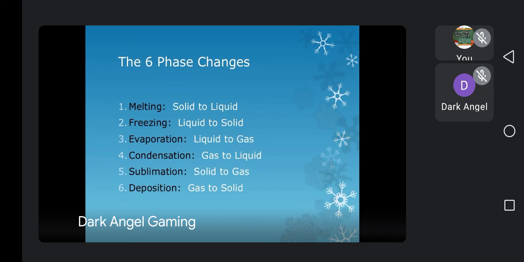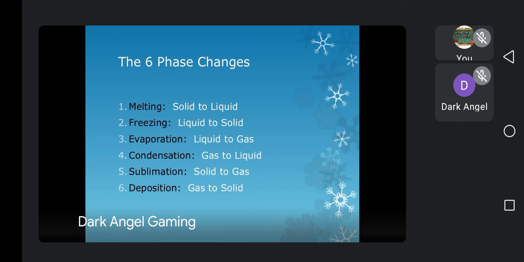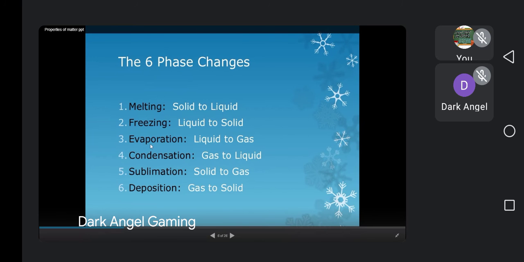Next is freezing, liquid to solid. So first it was liquid, but if you freeze it, it becomes a solid. Example is ice. First it was water from a plastic bottle, but if you freeze it, it becomes a solid and becomes ice.